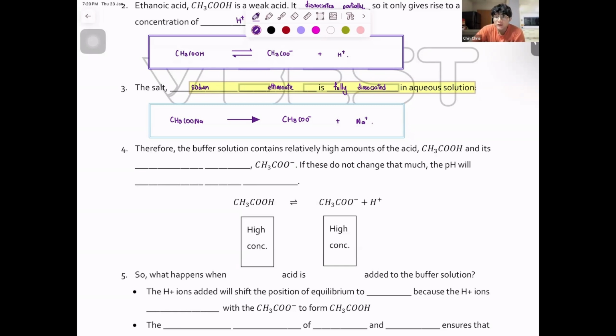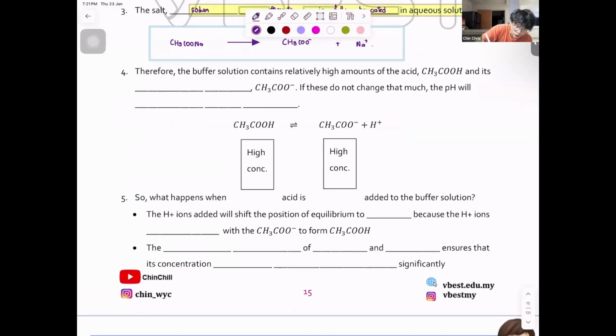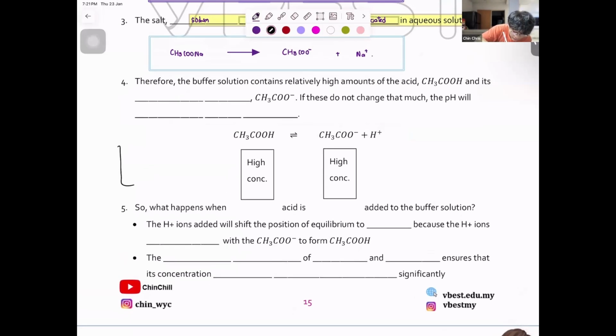So again, in order for you to have a buffer solution, you must have a weak acid and its salt. Let me draw it out so you can visualize it. This is how we make a buffer. At first, I add in CH3COOH, so in the solution you have a lot of CH3COOH.